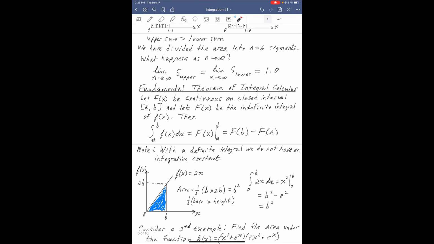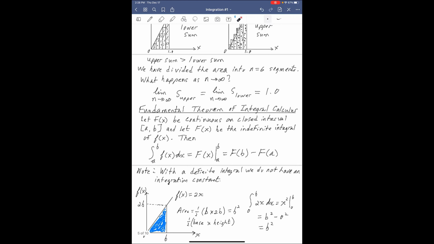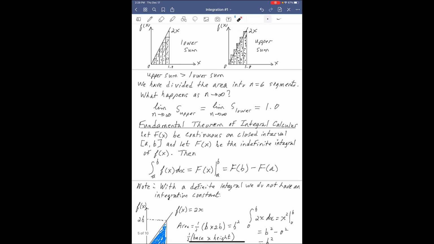And they actually calculate the areas in each case. But in our case, what we're saying is that as n approaches infinity, the upper sum of these areas is going to equal the limit as n approaches infinity of the lower sums. And that will then equal 1.